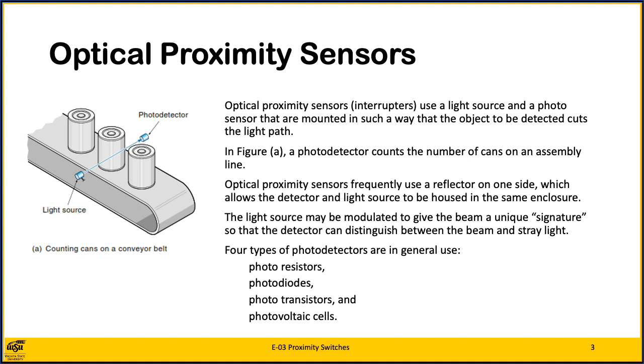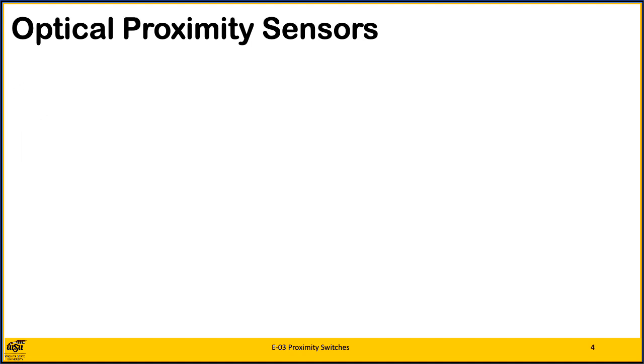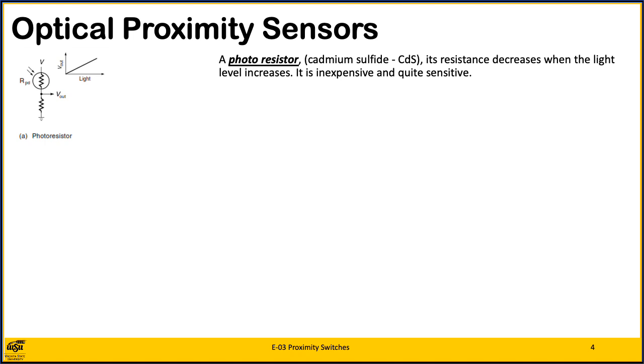Four types of photodetectors are in general use: photoresistors, photodiodes, phototransistors, and photovoltaic cells. A photoresistor, which is made out of a material such as cadmium sulfide, has the property that its resistance decreases when the light level increases.